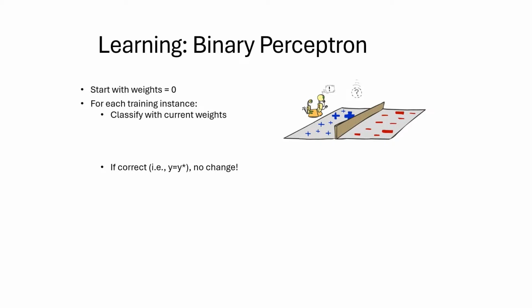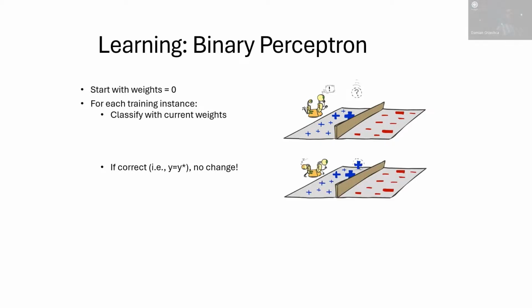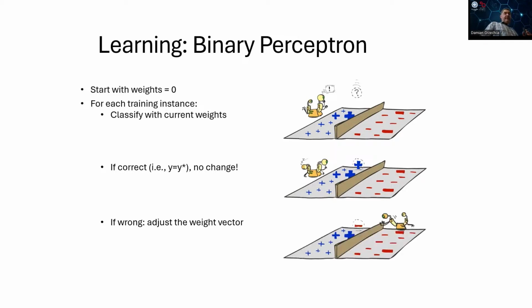Otherwise, if the real class is opposite to the current indication, then we must adjust the weights. We have to change somehow the linear function, the decision rule. The process of adjustment also comes from backpropagation.